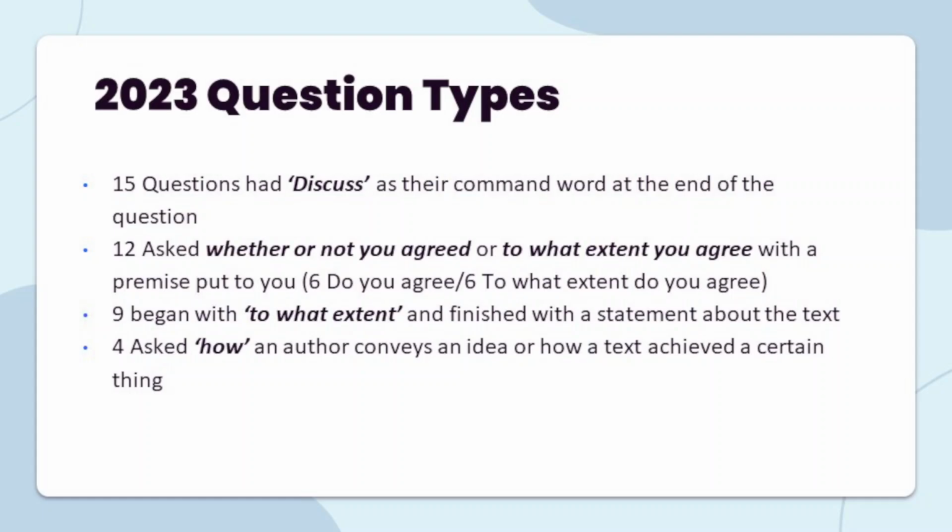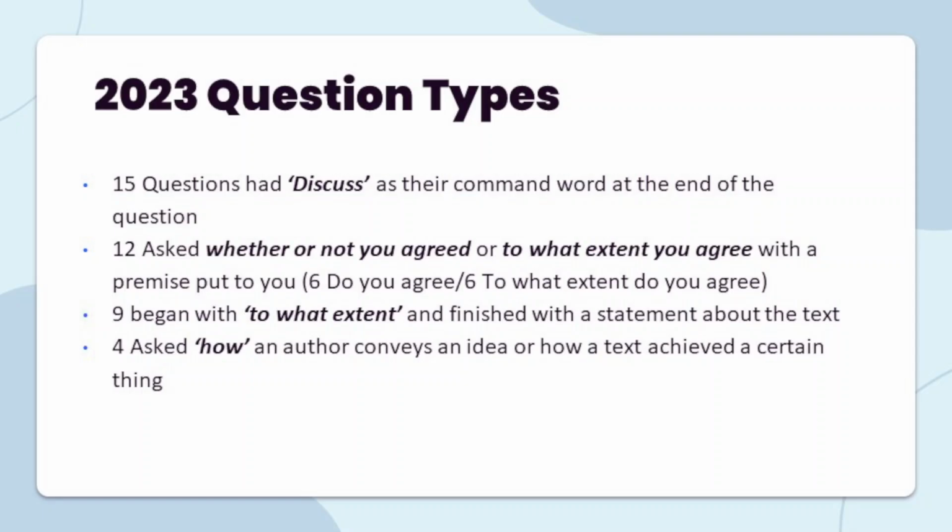So that tells us that the people writing these exams love questions that start with discuss and love questions about whether you agree or to what extent you agree. So you could bank that you're probably going to get one of those types of questions or prompts in the exam.